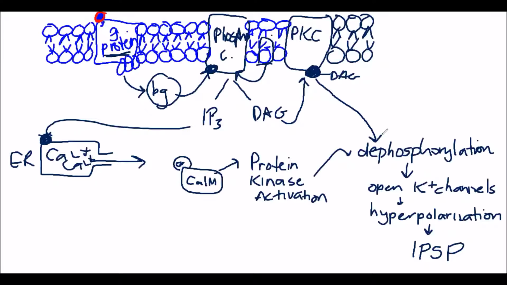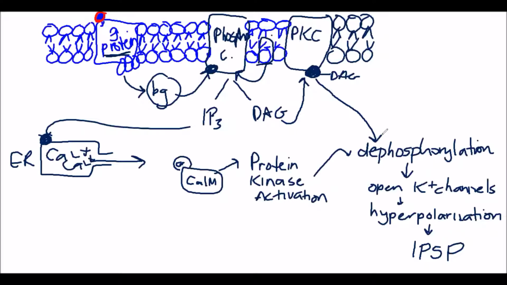IP3 is going to find an endoplasmic reticulum to bind to. Once the IP3 binds to an endoplasmic reticulum, it's going to allow the calcium that is trapped inside to be extruded out. So the calcium will leave the endoplasmic reticulum and find a protein called calmodulin. Calcium is going to bind to calmodulin.